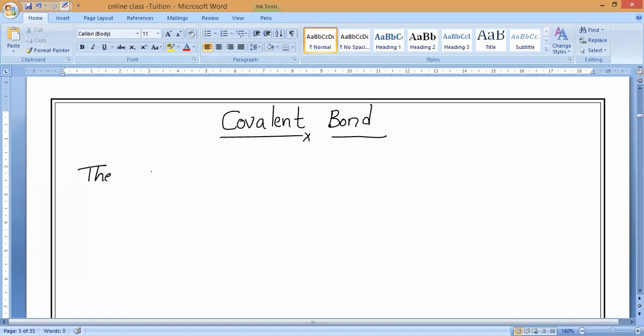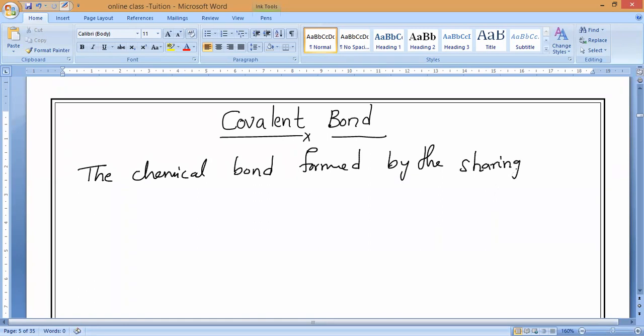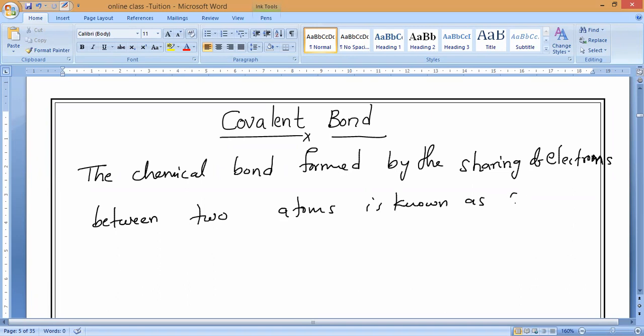Whatever chemical bond is formed by sharing of electrons between two atoms is known as a covalent bond.